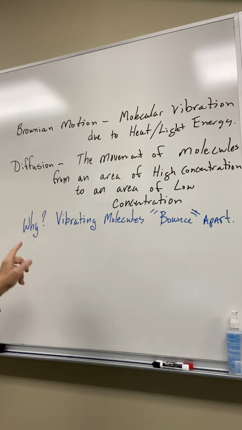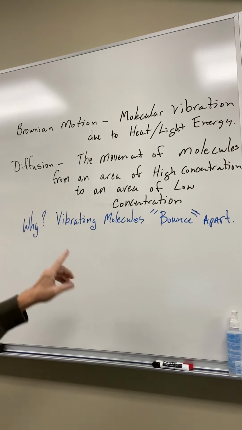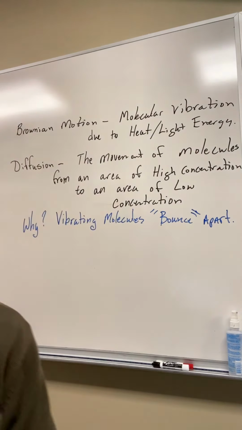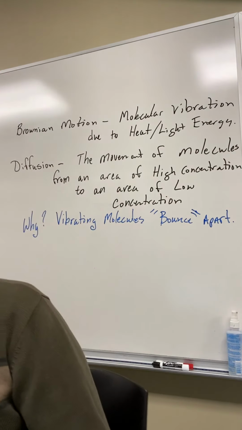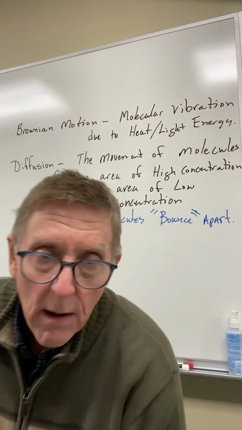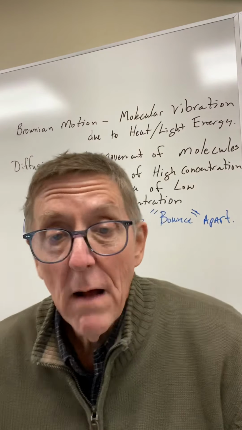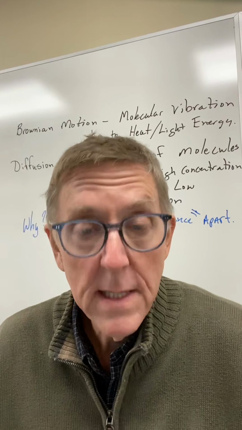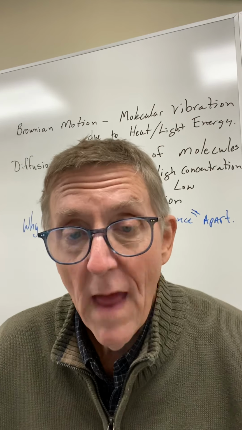And I wrote up here, why does this happen? The vibrating molecules are bouncing apart. Okay, so when we talk about diffusion, we can talk about simple diffusion. And in anatomy and physiology, there are cases where this happens.